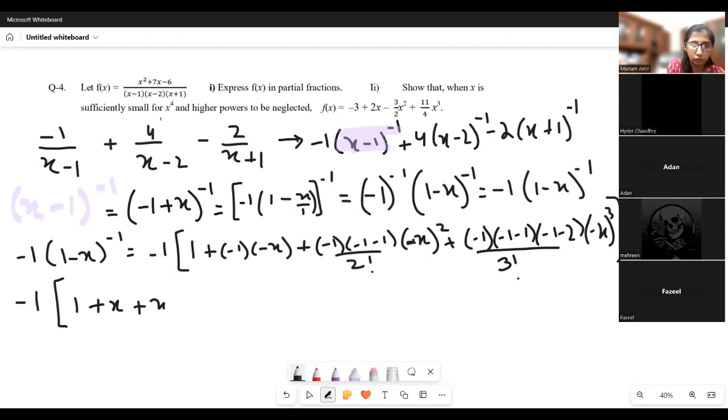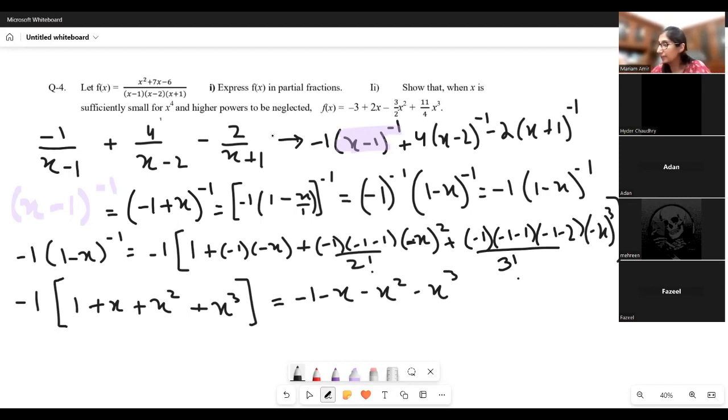So plus x square, and then minus 1 times minus 2 times minus 3 times minus x cube, which means you also have to multiply a minus 1 with it, because minus x cube is a negative number, into minus 1 divided by 3 factorial, which is giving me 1 again. So plus x cube. So complete expansion of the first part is minus 1 minus x squared minus x cubed.